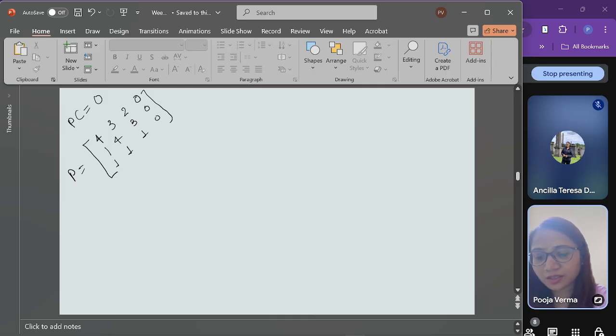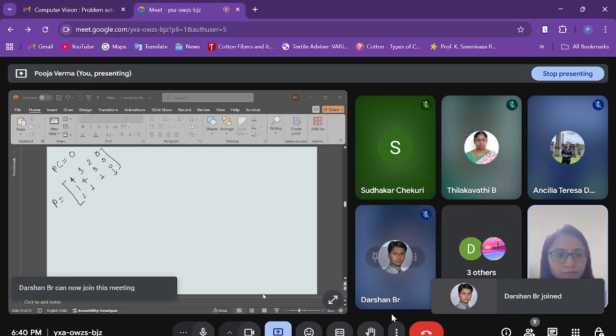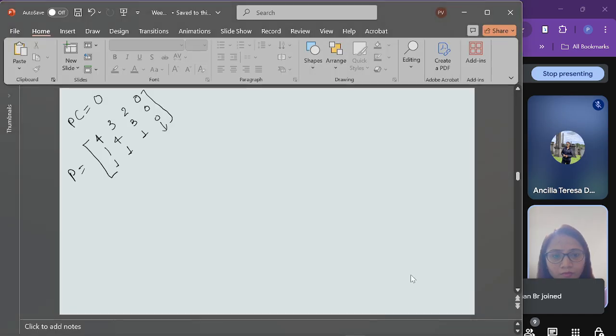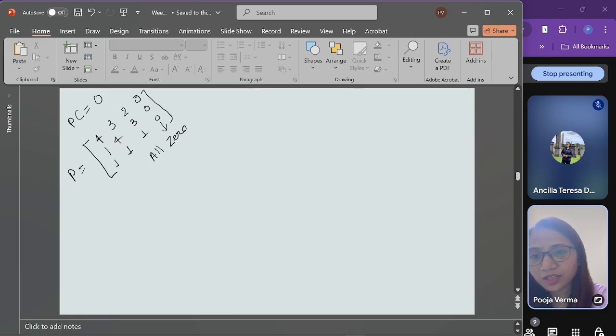In this case, we can see that the last column of this matrix is all 0, right? What does this mean? This means that any vector of the form 0, 0, 0, W will be in the null space.